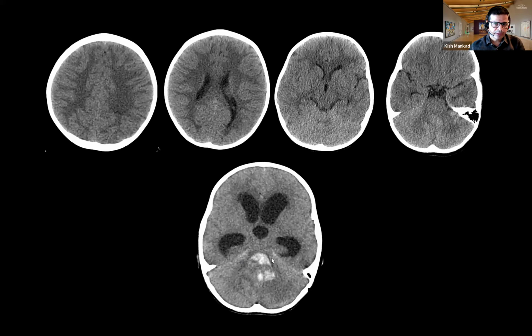And once again, you are seeing the change of ventricular morphology once you have very significant obstruction to the CSF outflow. So here we have large ventricles, interstitial edema around the ventricles, and a hemorrhagic tumor.